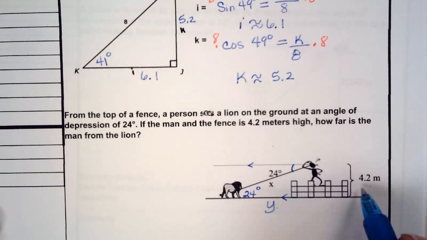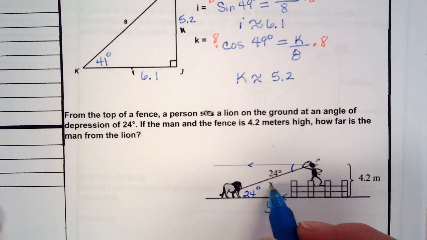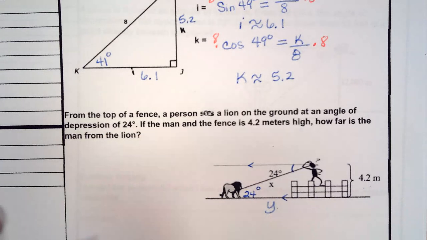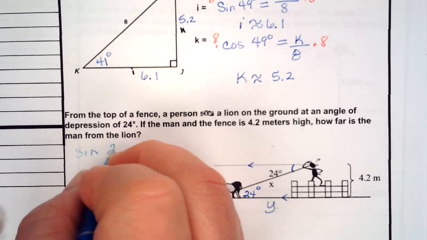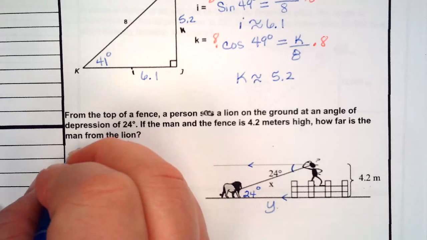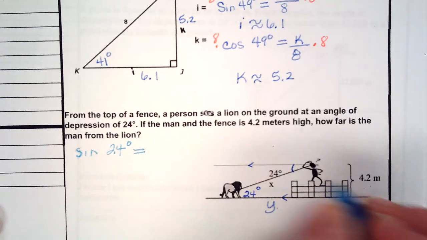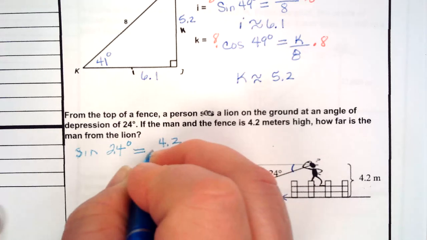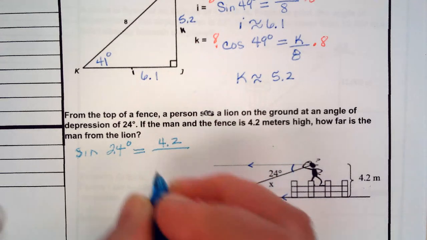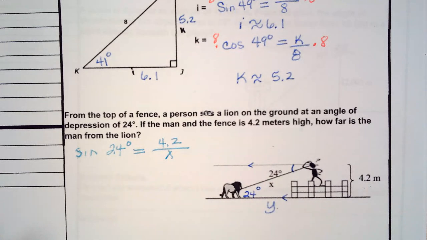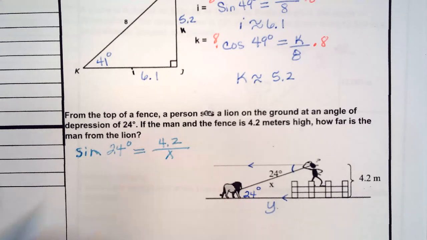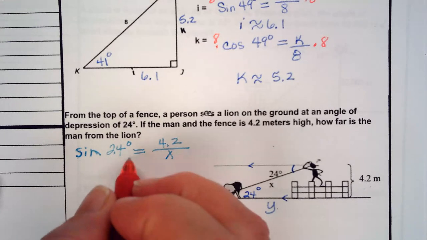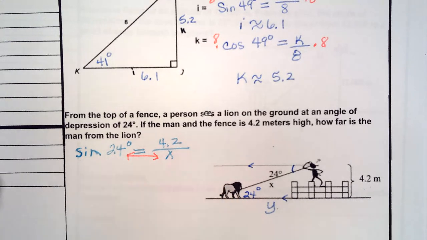To find X first, opposite and hypotenuse is sine. So the sine of 24 degrees is equal to the opposite, which is 4.2, divided by the hypotenuse, which is X. If you remember, I told you that I would show you the math one time, then I expected you to remember to flip-flop if the X is at the bottom.